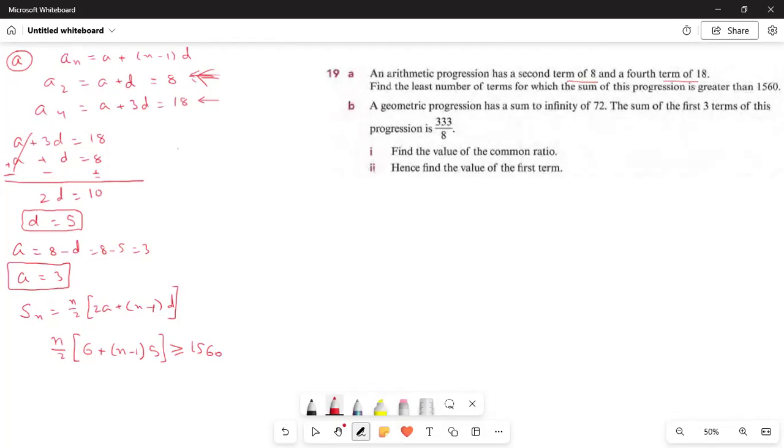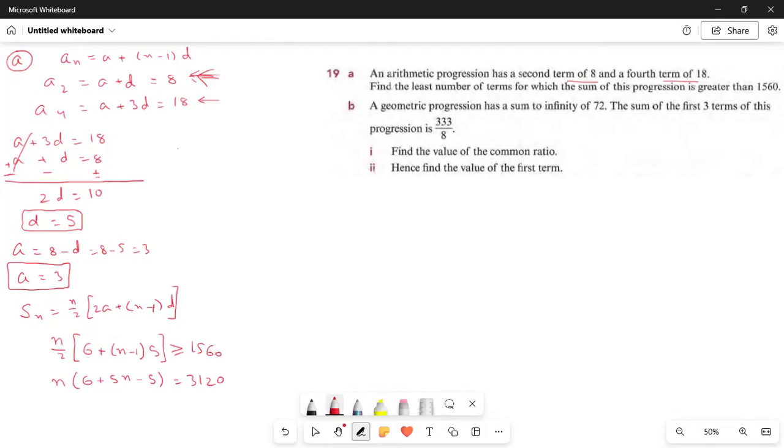From here, if I multiply 2 with this and open the bracket, it is 6 plus 5n minus 5, and when I multiply 2 with 1560, it becomes 3120.